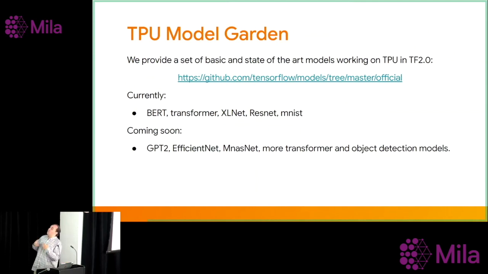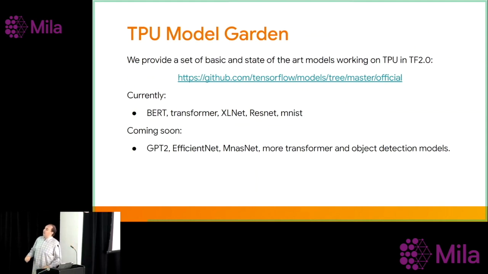So we've made it our goal on GitHub to provide you a wide range of free models in 2.0, which train at basically the same speed as the TF1 models, or even faster. You can use those as a basis for your own models. You can take one of these models, check it out, rip out the internal code and plug your own thing in, or modify them, add layers, whatever you want to do.